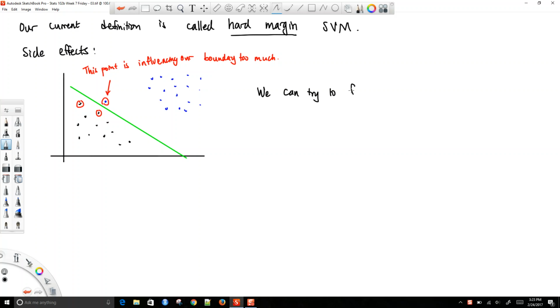And try to fix this using a soft margin. The idea behind a soft margin is that we can allow points to be within the margin.